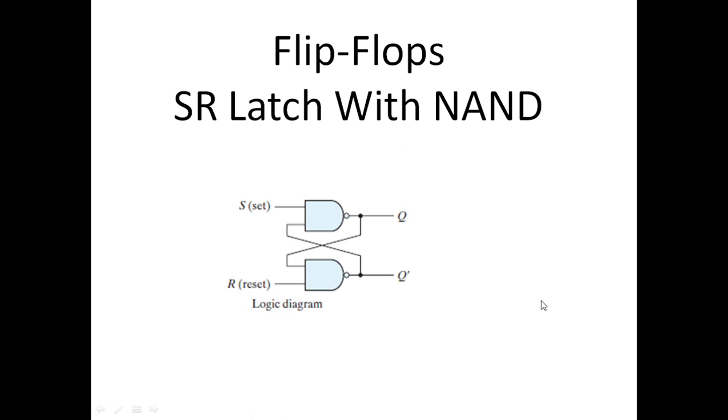Now in this latch we know that in a NAND gate when both of the inputs are 1, we get 0, and when one of the inputs is 0, we get 1. That is the function of a NAND gate. If we keep that functionality of the NAND gate in mind, it is very simple to understand the operation of this SR latch implemented with NAND gates.